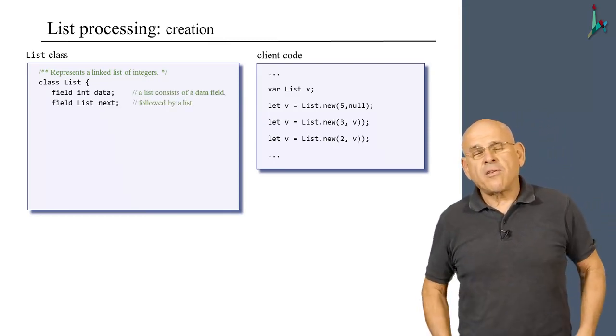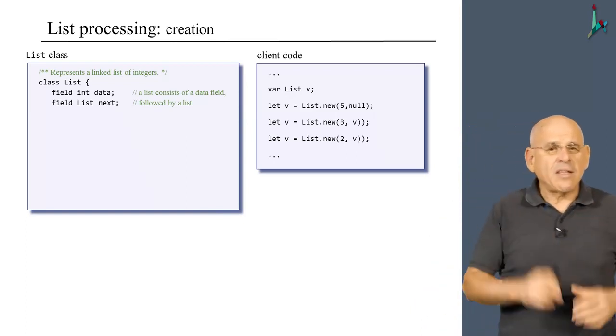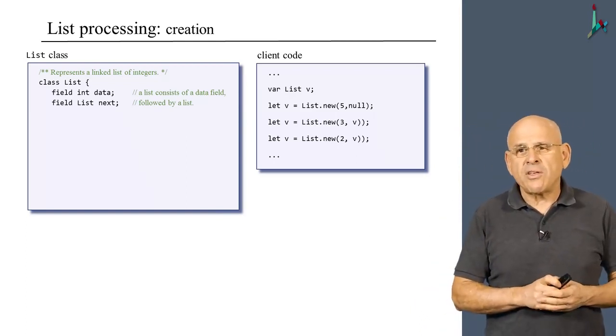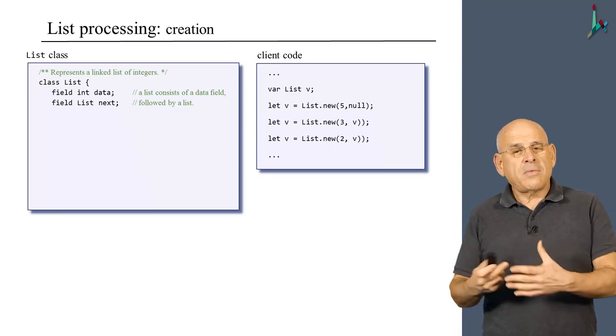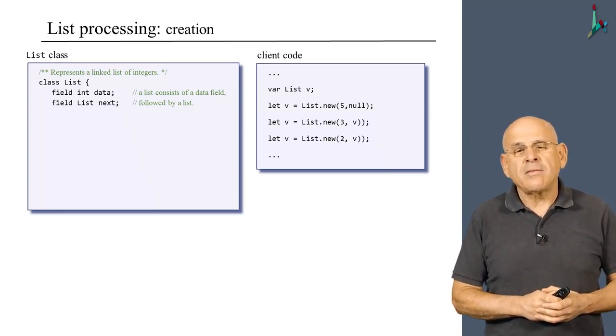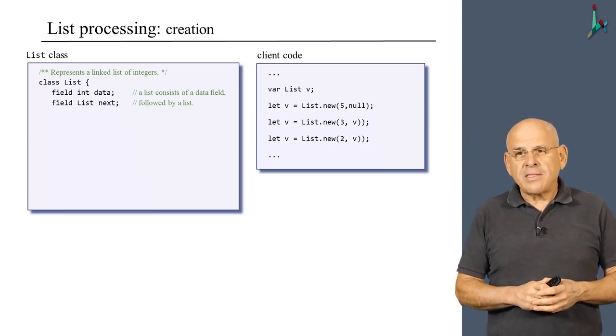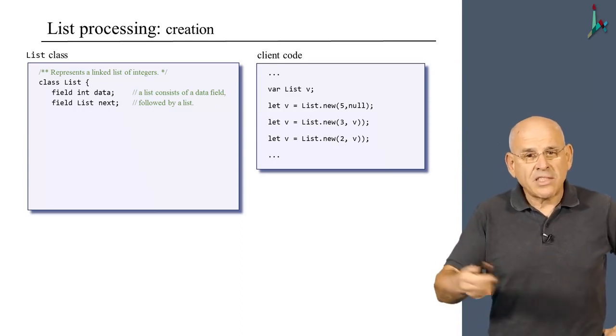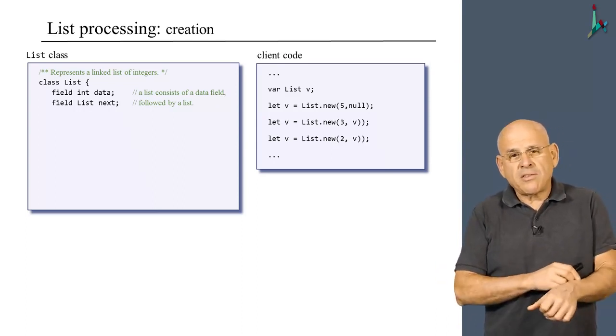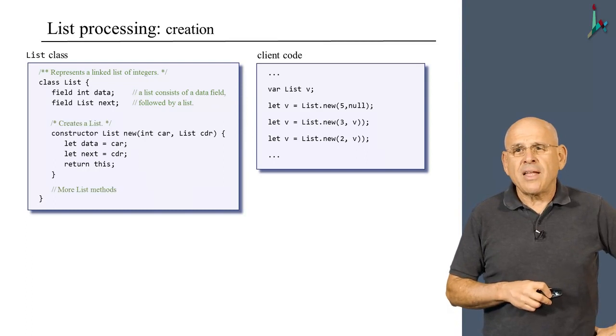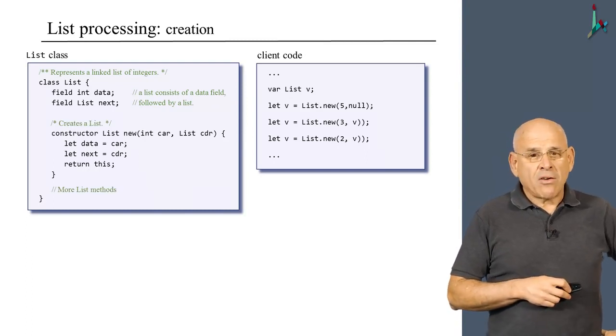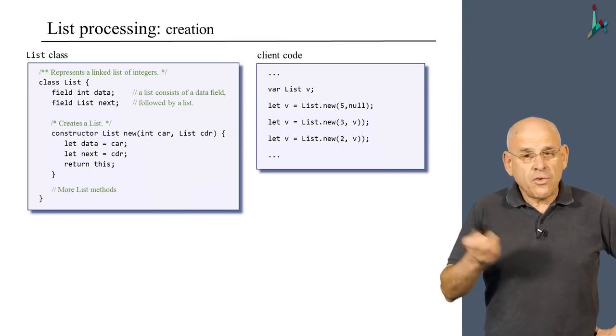A data field of type int, because we decided to create a linked list of integers, and the next item in the list is a list. So we have a next pointer of type list to point at the tail. And here is our constructor called new.